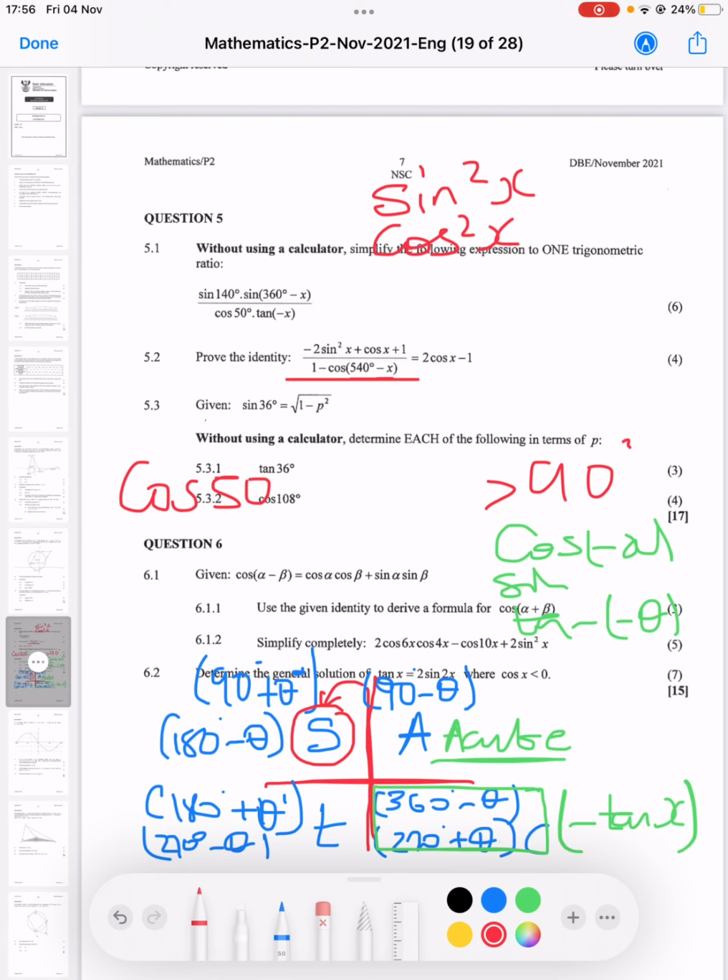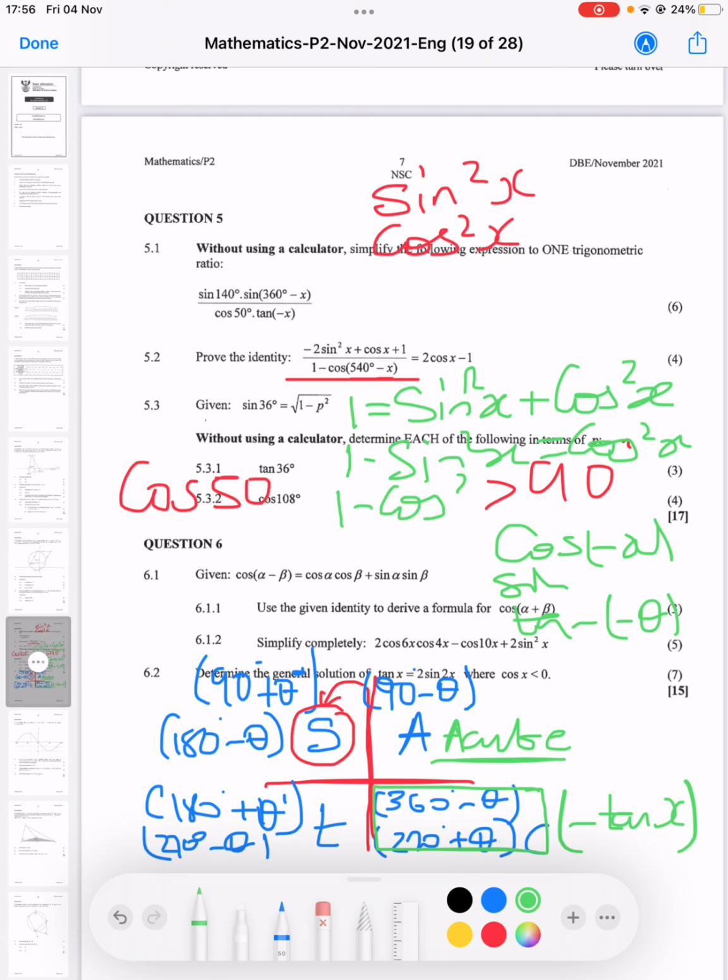Remember, something that at all times you should remember: 1 is equal to sine squared x plus cos squared x. And also, cos squared x can be 1 minus sine squared x. That is equal to cos squared x, because you just transpose that. Also, 1 minus cos squared x is equal to sine squared x.